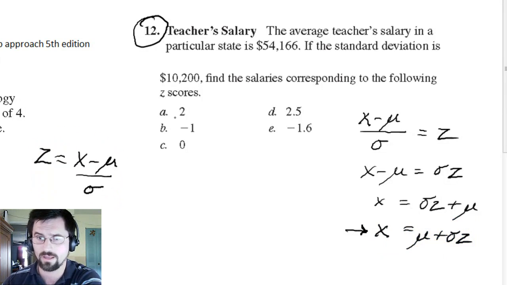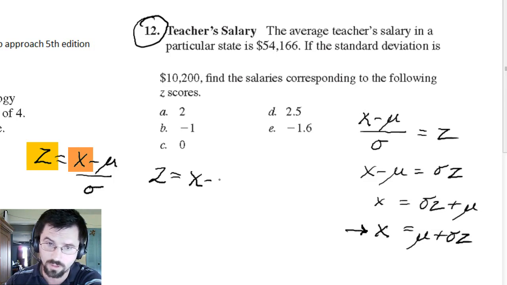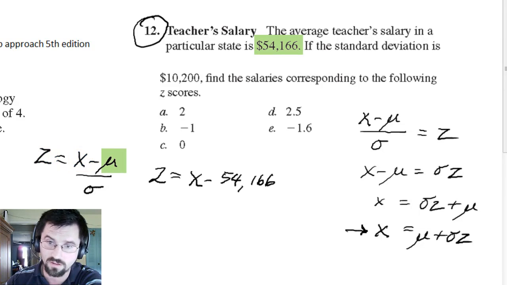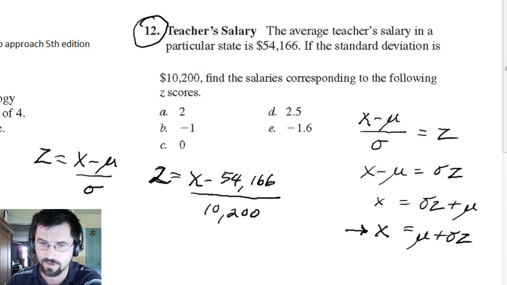We want to find the salary that corresponds to 2 standard deviations above the mean. So we put in a 2 for z. X is what we're looking for, because we're looking for the value. The average is 54,166. And sigma, the standard deviation, is that amount. So how would we solve an algebra problem? Sorry, that's a 2. It doesn't look very good.